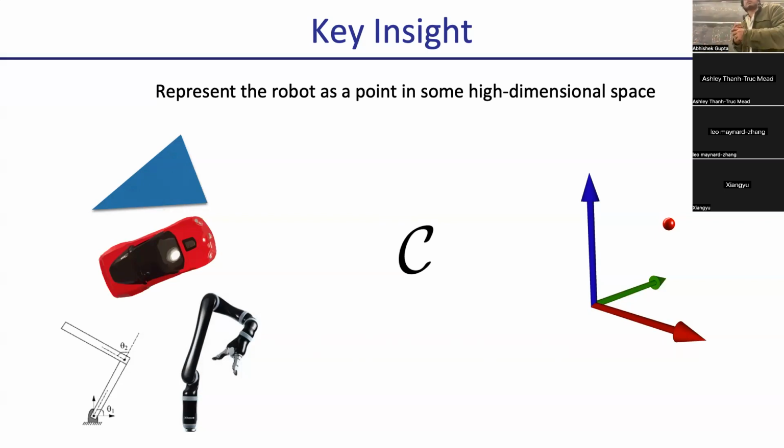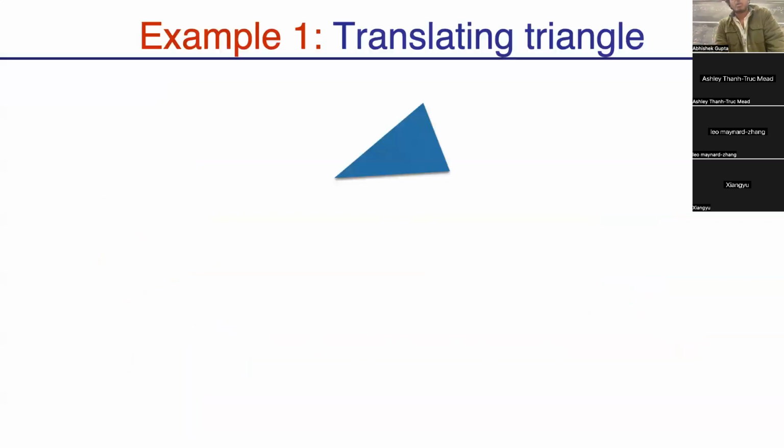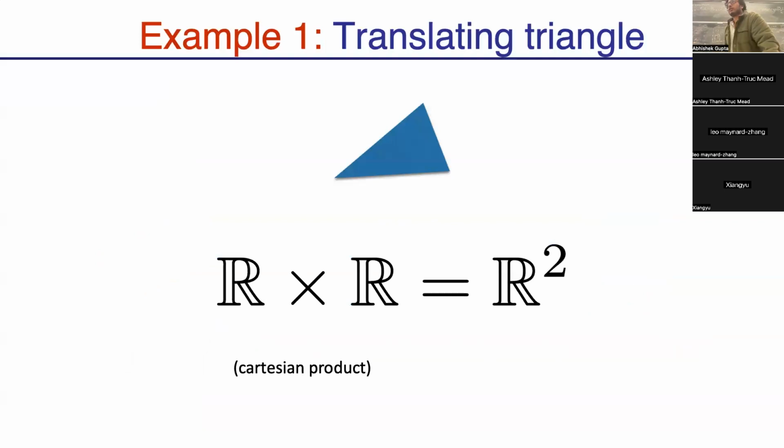So let's try and make this a little more concrete. Let's start with a translating triangle, which moves in X and Y. The configuration space of a translating triangle is X and Y, so it's a two-dimensional configuration space.